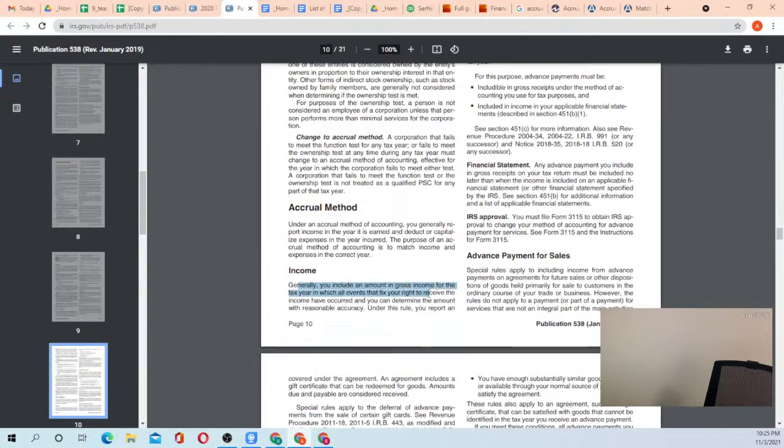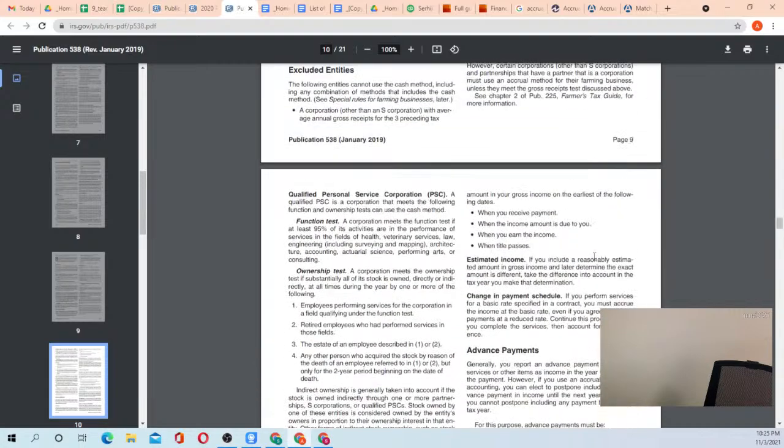Generally, you include an amount in gross income for the tax year in which all events that fix your right to receive the income have occurred. Under that rule, you report the amount in gross income on the earliest of the following dates: when you received payment, when the income amount is due to you, when you earn the income, when title passes. So the earliest of the following.